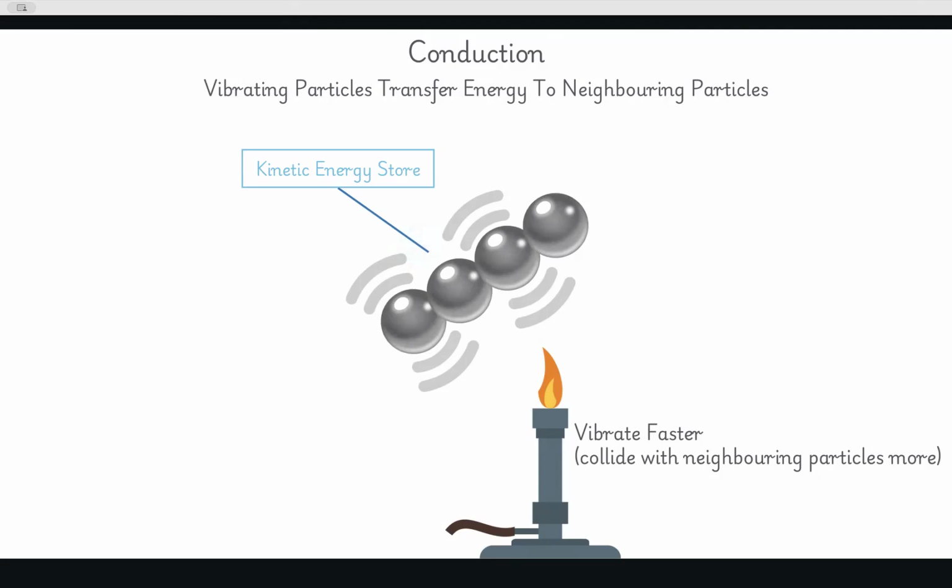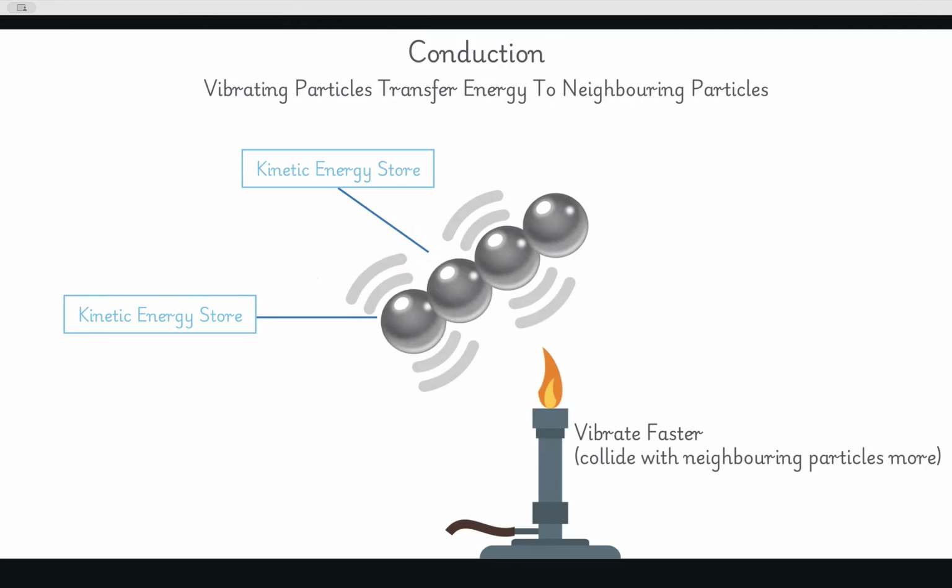And as this process goes on and on, the collisions transfer kinetic energy, which collides more with their neighbors, using the kinetic energy store.